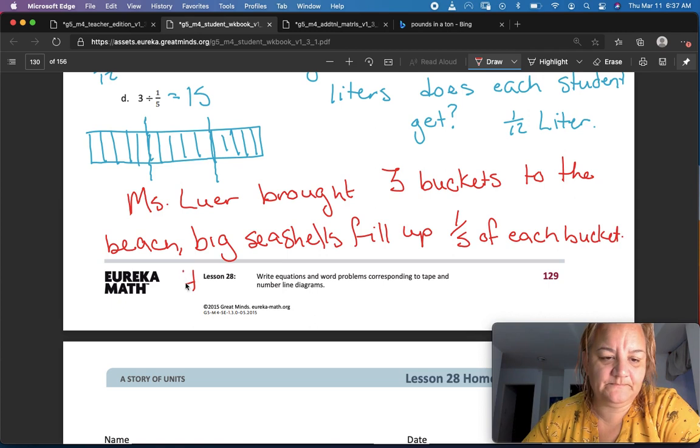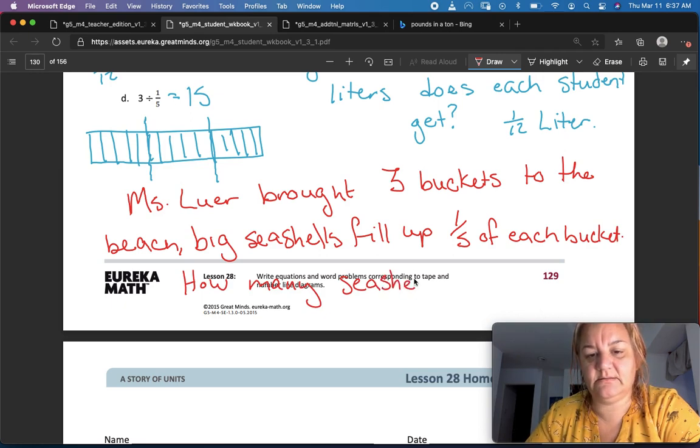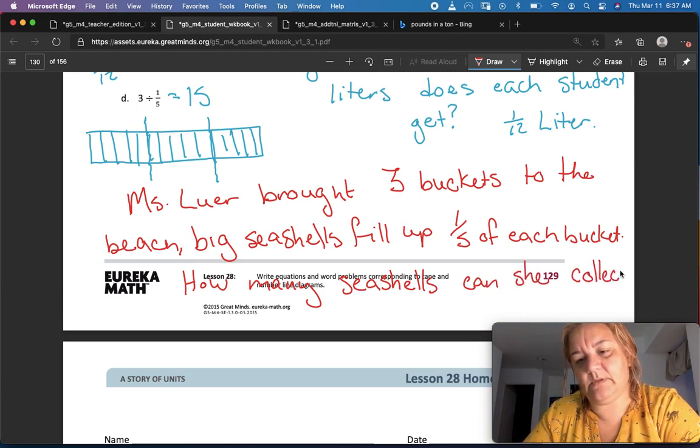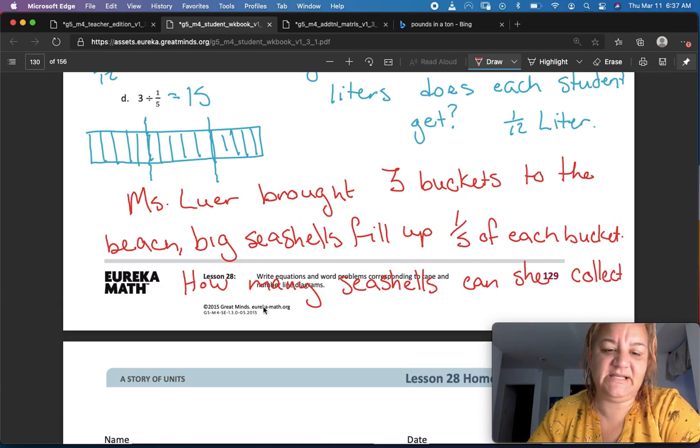How many seashells, that's a hard word to say, seashells, can she collect? Okay, well, 3 divided by 1/5 equals 15. 15 seashells is my answer.